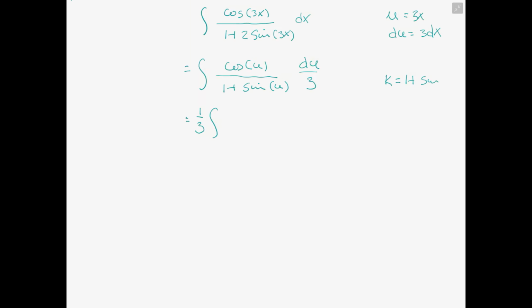And now we do another substitution where we say, let's say k equals 1 plus sine u, and dk equals cosine u du. And we have cosine u du, which is dk, and that's on top of k.